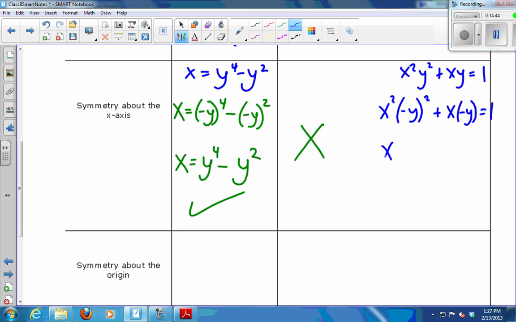So this becomes x squared y squared. But x times negative y, positive times a negative is negative, so I get minus xy equals 1. And this is different than my original by one sign. Right? This negative sign makes it different than my original equation.